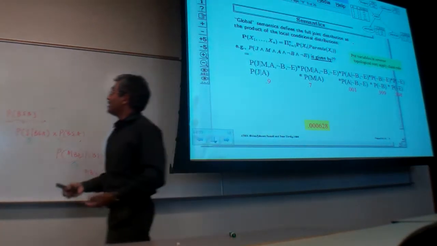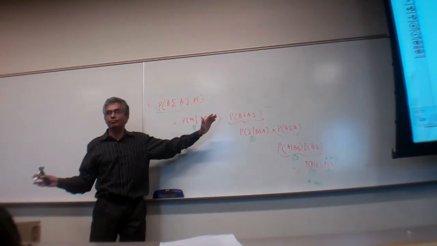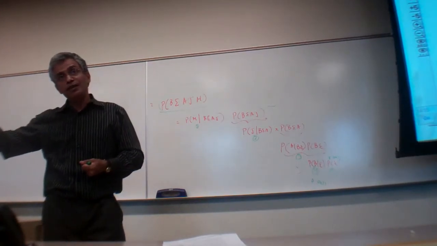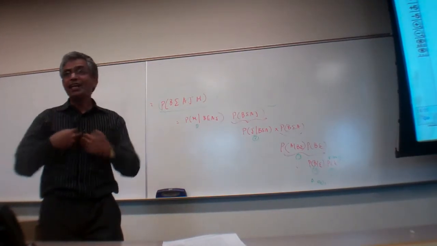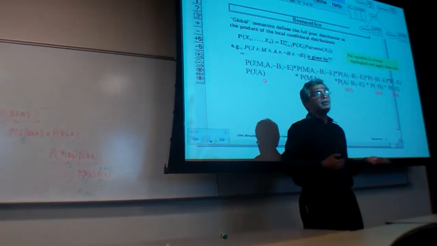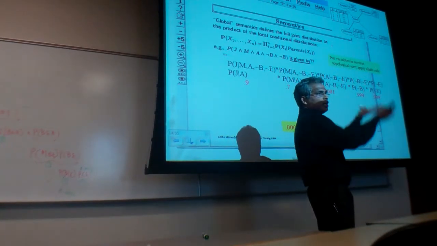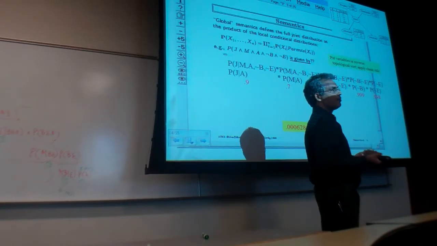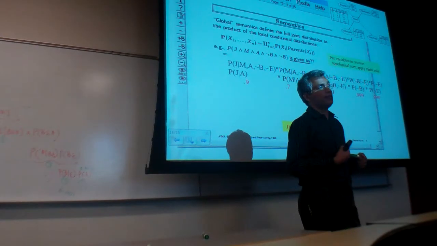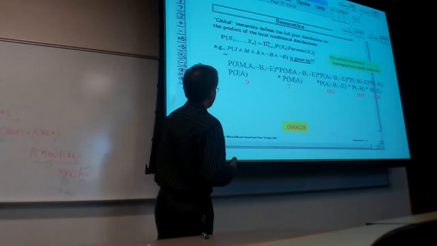The only thing is that I can do the chain rule in any order I please, and it will be correct. As I said, P(A, B) can be written as P(A given B) times P(B), or P(B given A) times P(A). I get to choose which one, and I'm going to choose the order that would be most useful for me given this network. Because if I write it bottom up in this directed network, then I can just read off the numbers from the CPTs. That's what graphical models, the Bayes networks, are telling us.